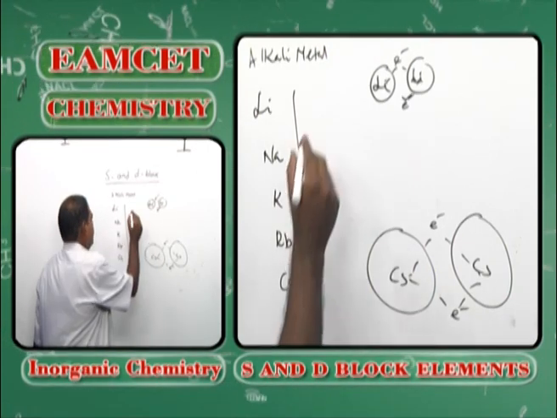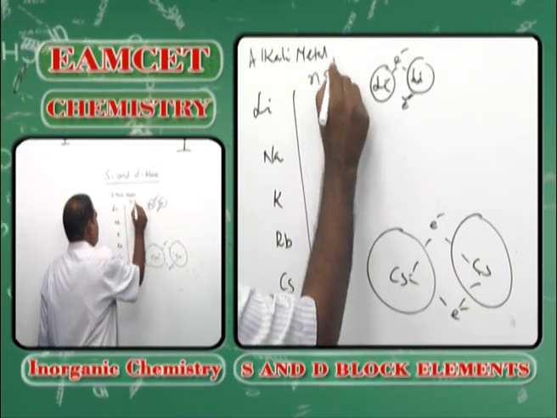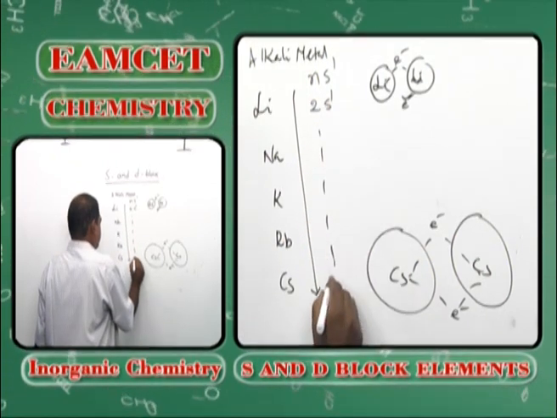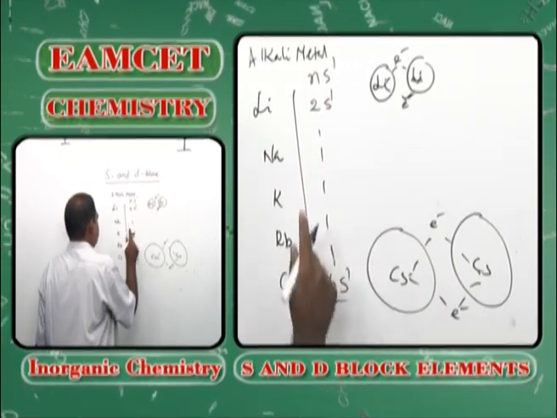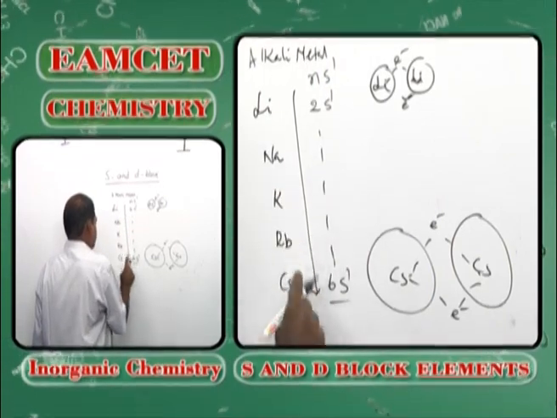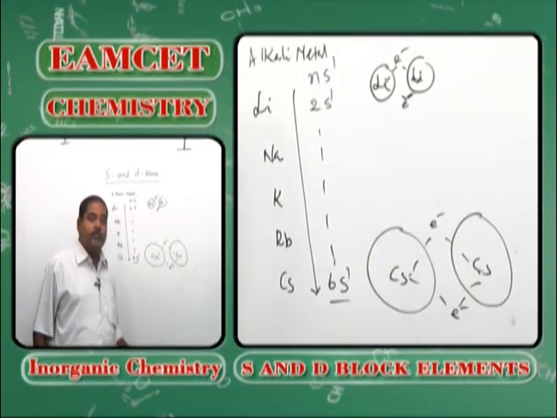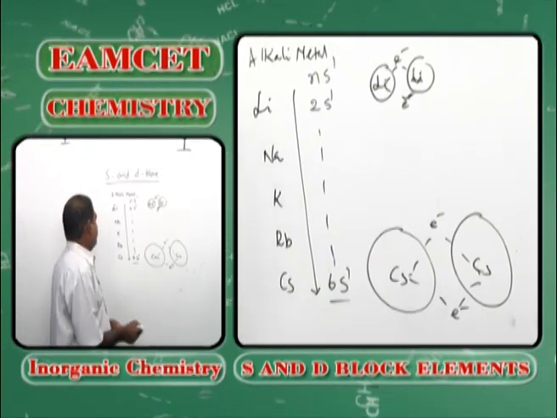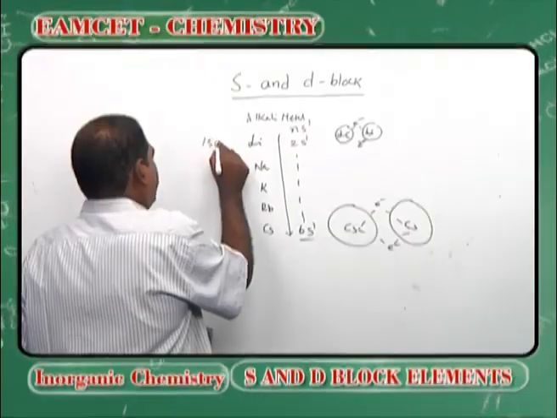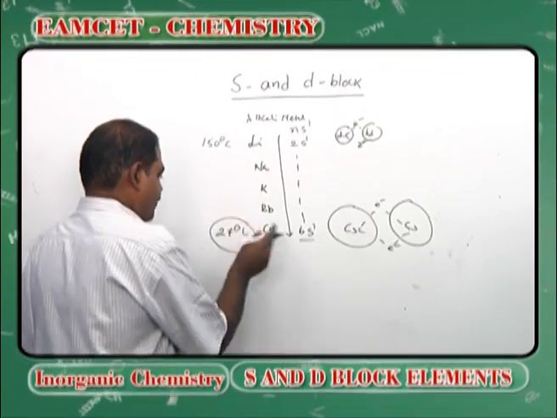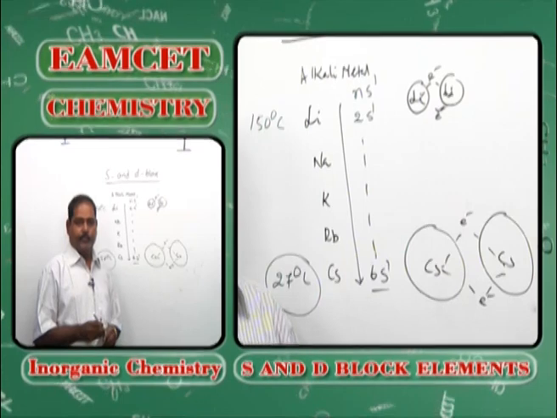All of them have ns1 as the general electron configuration, 2s1 in the case of lithium, 6s1 in the case of cesium, 2, 3, 4, 5, 6. So, cesium is almost a liquid at room temperature. The melting point of lithium is around 150 degrees centigrade, and that of cesium borders on room temperature, 27, 28, I do not remember the exact value.